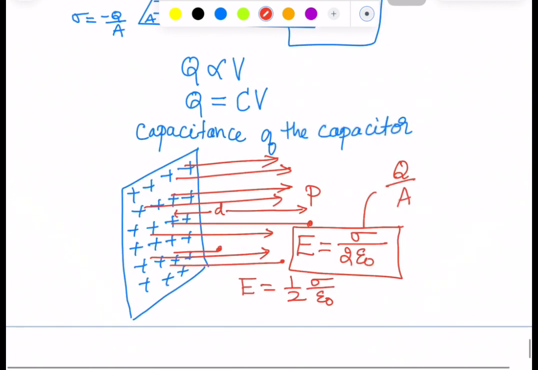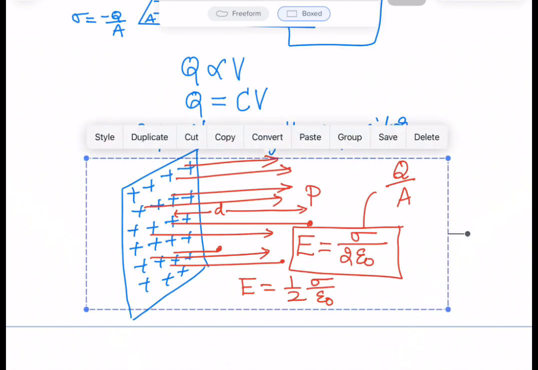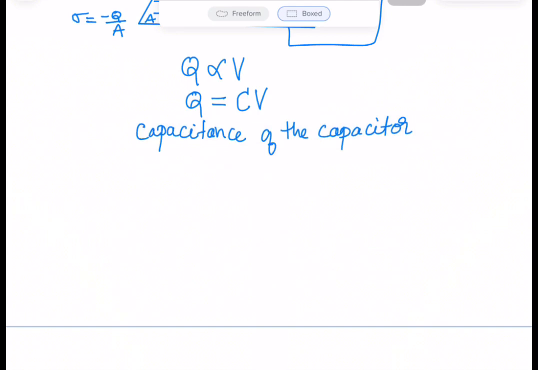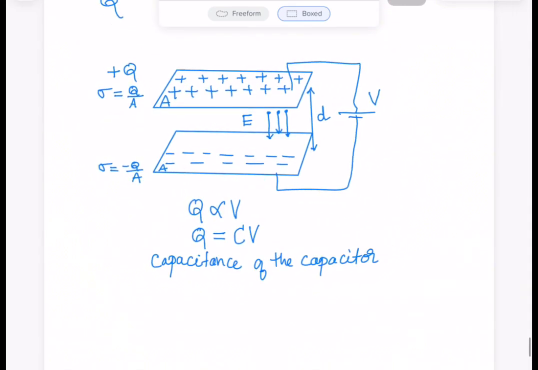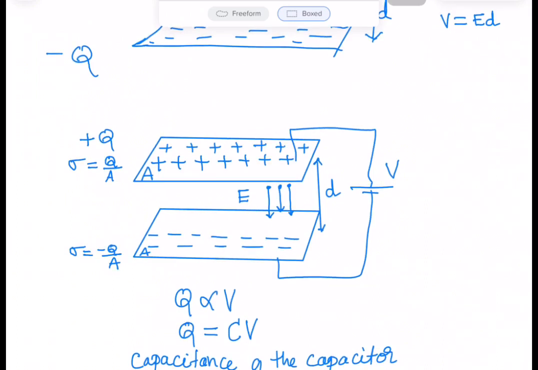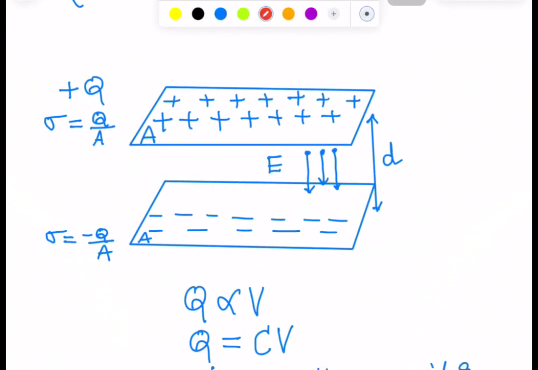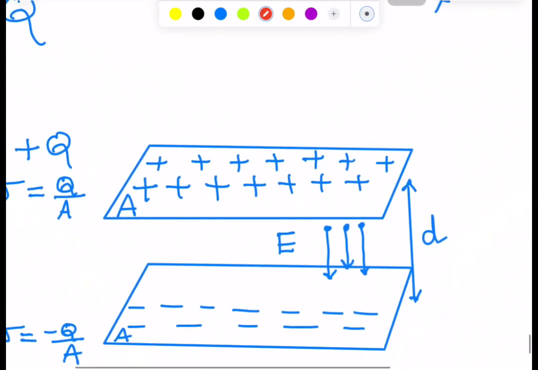Now let's come back to this place. Let me remove the cell to which it is connected. Now take the parallel plates and identify the three areas.